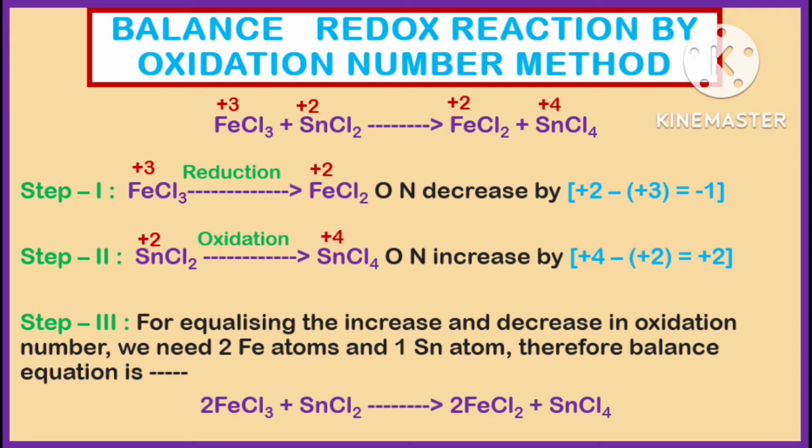Now I am reading the problem, and after that I will solve it and balance it. The question: write the net ionic equation, meaning here the ionic terms will be there, not the full molecule.